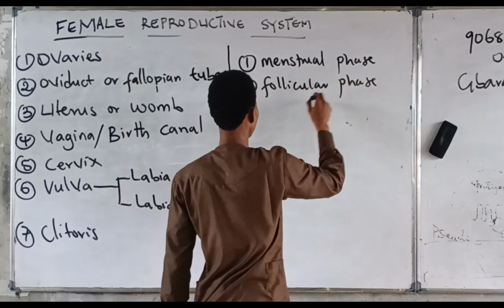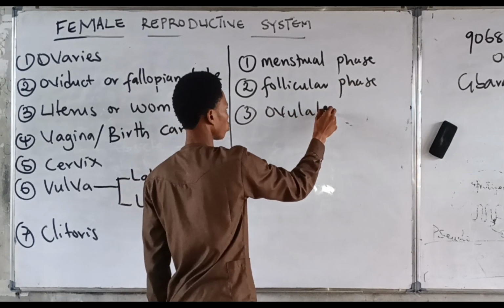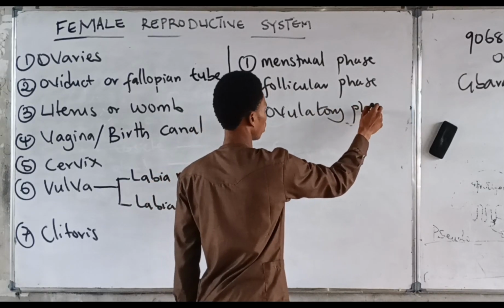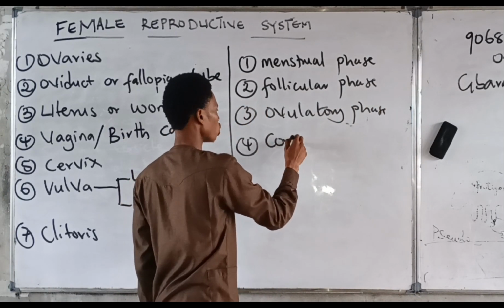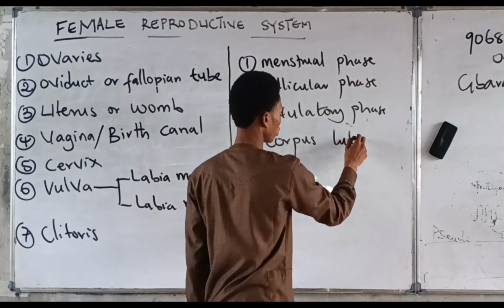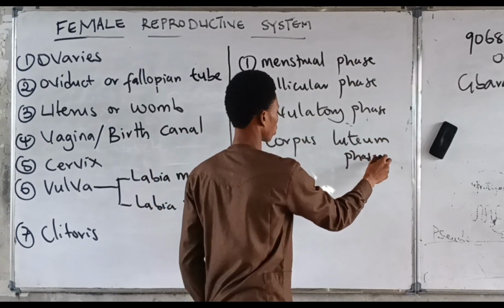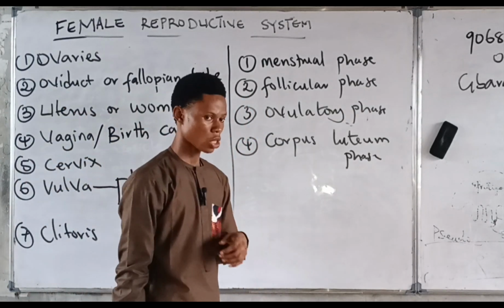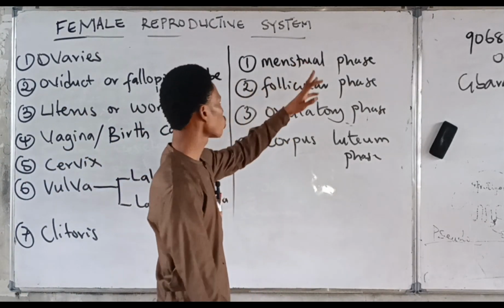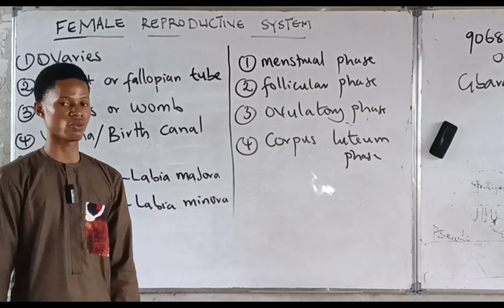After the follicular phase, we have the ovulatory phase. And then the corpus luteum phase. So these are the 4 stages of the menstrual cycle: menstrual phase, follicular phase, ovulatory phase, and corpus luteum phase.